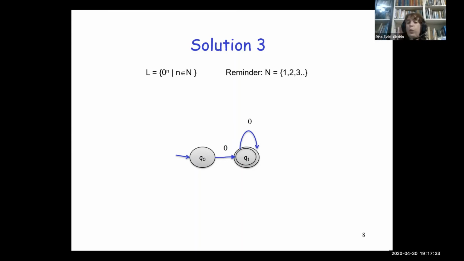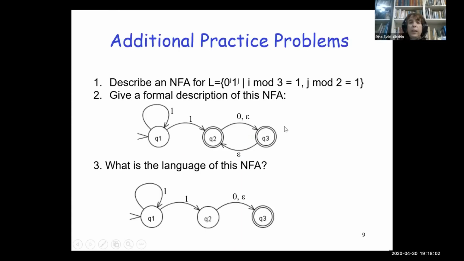With 0, we move from Q0 to Q1, which is an accepting state. And if we continue to get more zeros, we still stay in state Q1. Any questions? Pretty clear. If everything is clear, let's go to the next question.